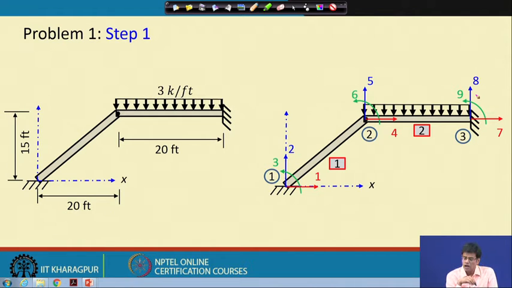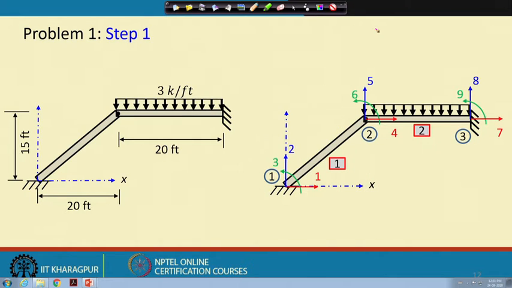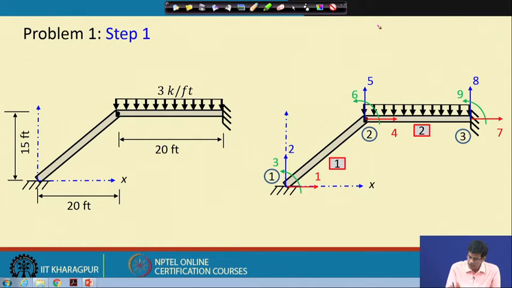But if we discretize in this way, as we have seen in the earlier example, we need to shift the rows to get the partitioning of the matrix, to separate out D known and D unknown, because your final global stiffness matrix Kg will be of this form.